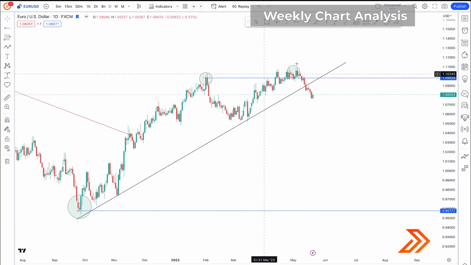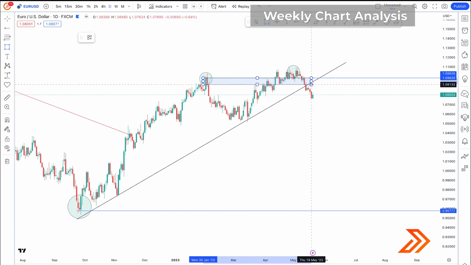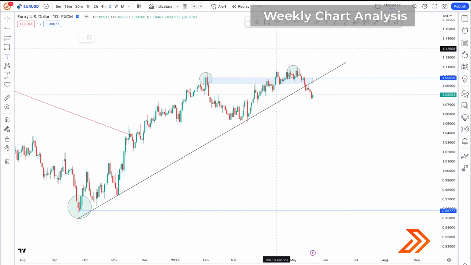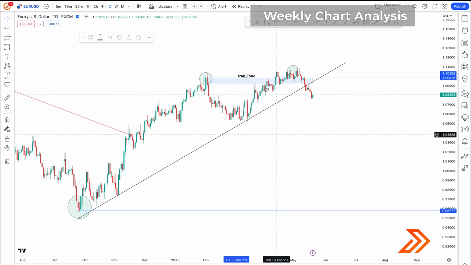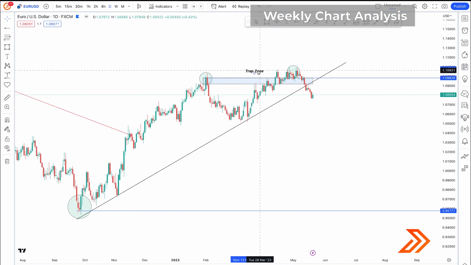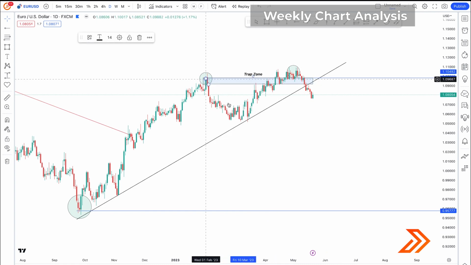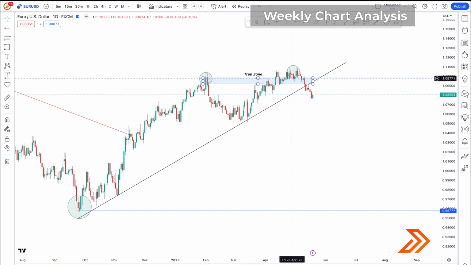This was a pattern that formed on EUR/USD, and then we had more of a trap zone. This is what I call a trap zone. For those who have gone under my mentorship, you would notice that I really trade with trap zones. We formed the first high, created another high here, made a couple of highs, and then price immediately reversed around this zone.